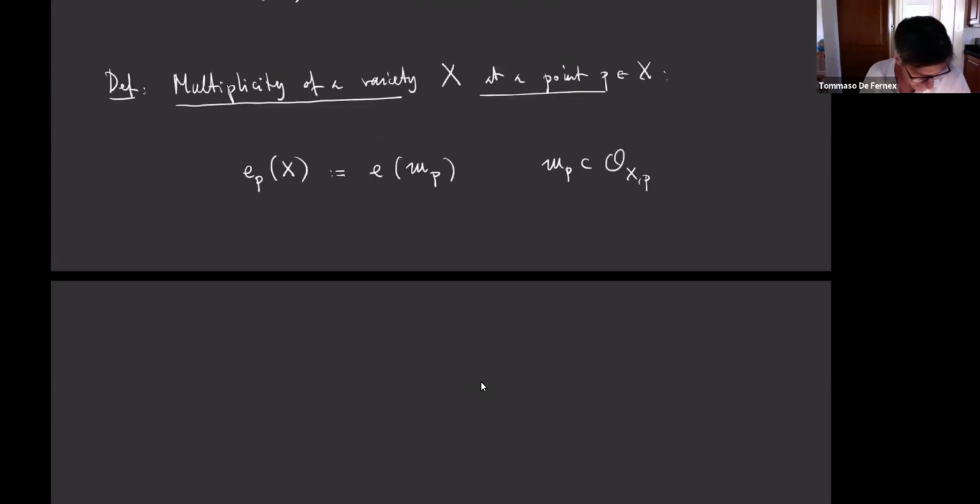So let me give you an example here. Suppose that X is inside some affine space A^{n+1}, some hypersurface. Sorry, not smooth, just some hypersurface.